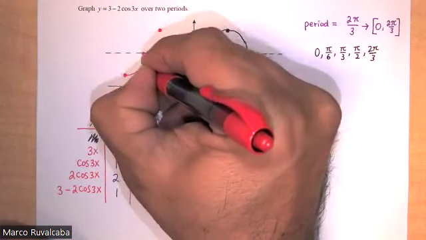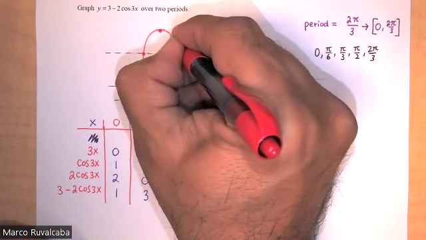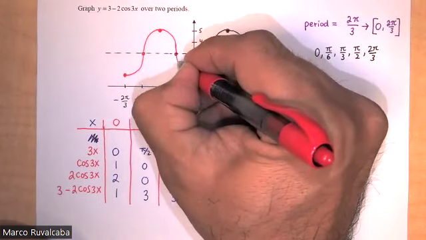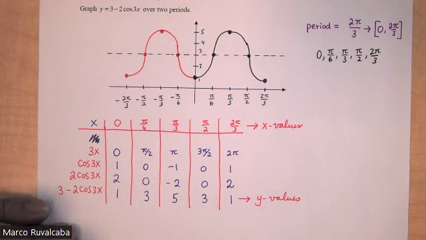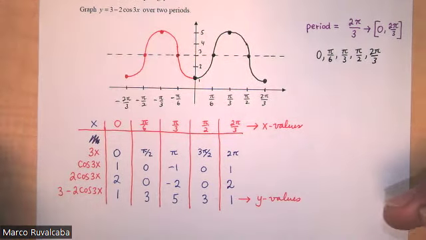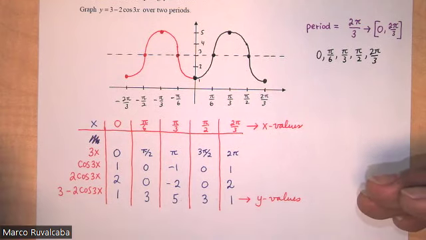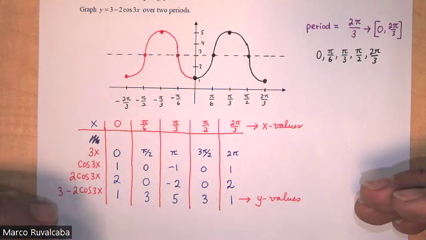And so there's my other part of the cycle there. So there's your cosine curve for that one. And notice it's above the x-axis because it got translated up by a certain amount. Okay.